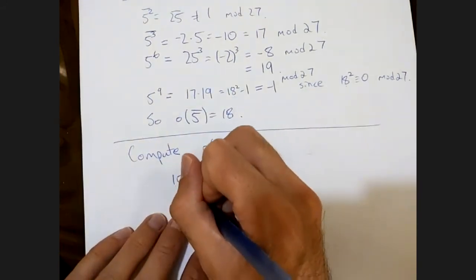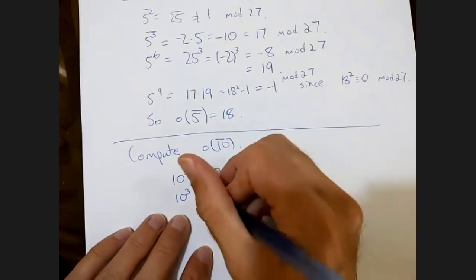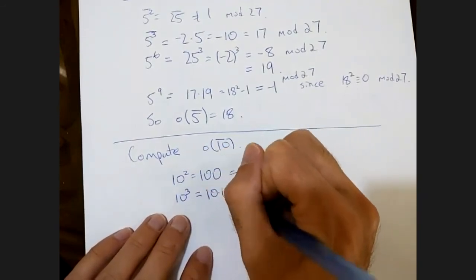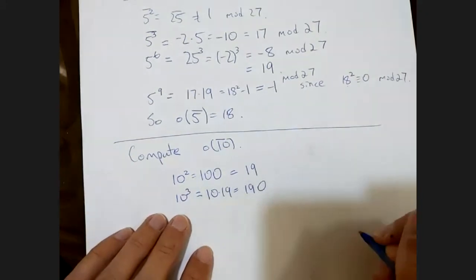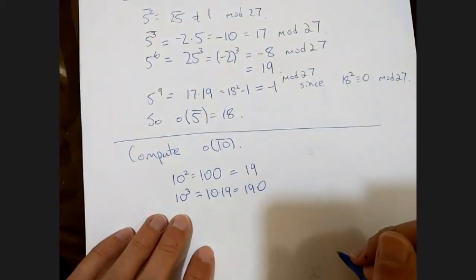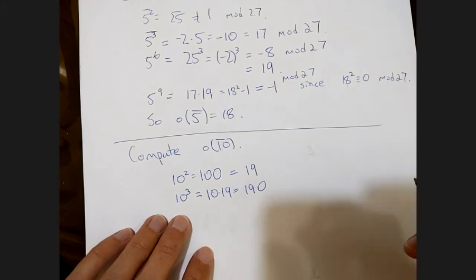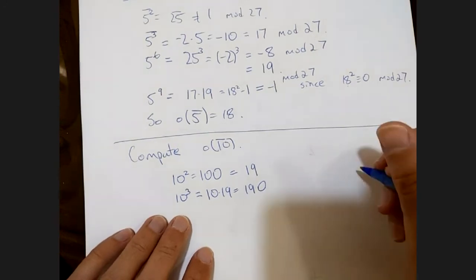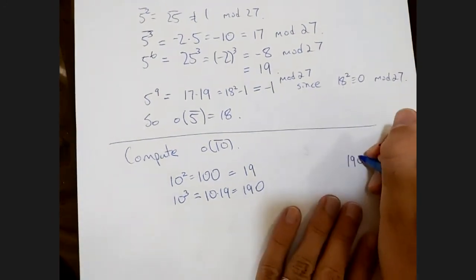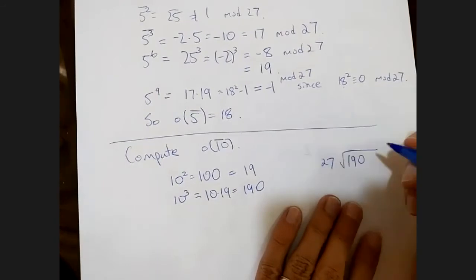What's 10 cubed? Well, that's just 10 times 19. It's 190. What's a multiple of 27 that's close by? I guess we do some scratch work and try and divide 27 into 190.